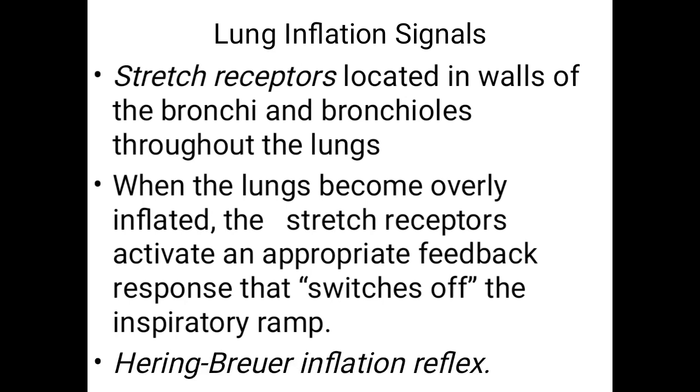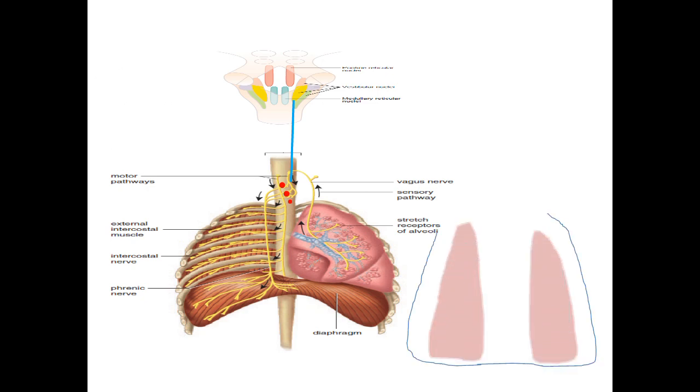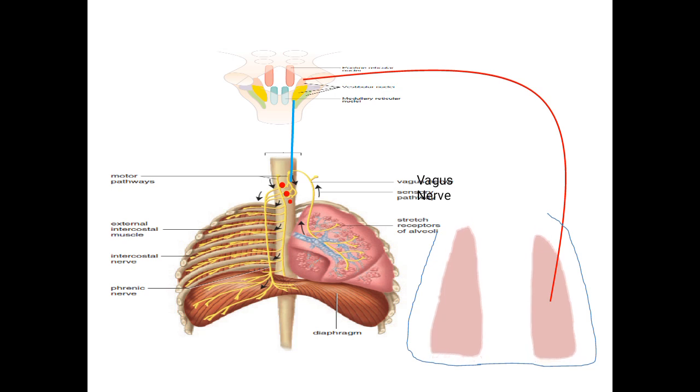Then expiration is stopped, and inspiration again starts. It is called the Hering-Breuer deflation reflex. Meaning when the lungs are deflated beyond certain limits, it will not let the lungs collapse fully. So again the impulse will come back to the pneumotaxic center and stop. So that is the Hering-Breuer deflation reflex.